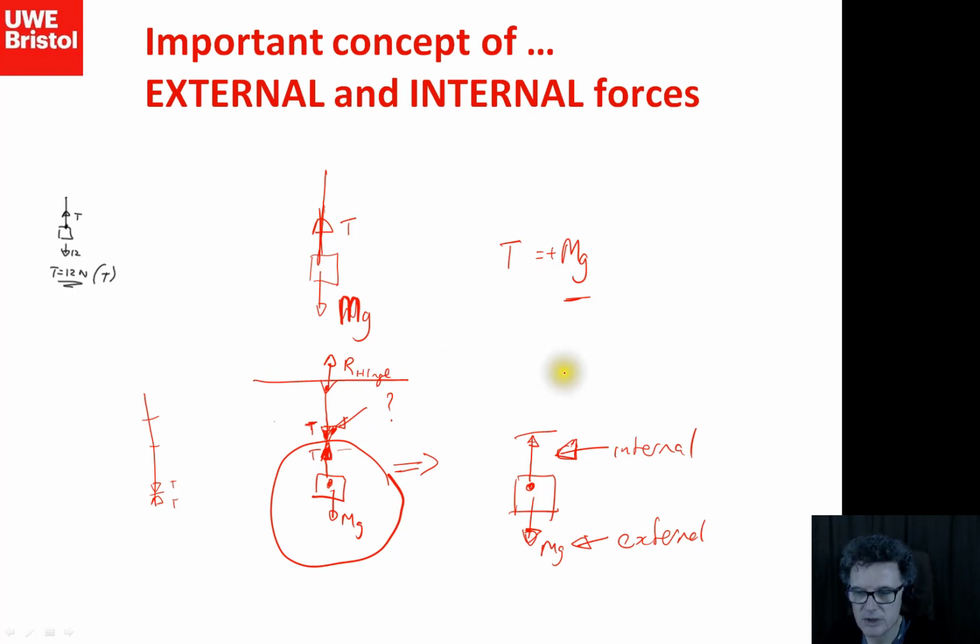Okay, and these are, as I said, a different type of force than the external force, but the imaginary cut exposes this internal force, and it tells us by our definition that we're going to call it a positive mg force.